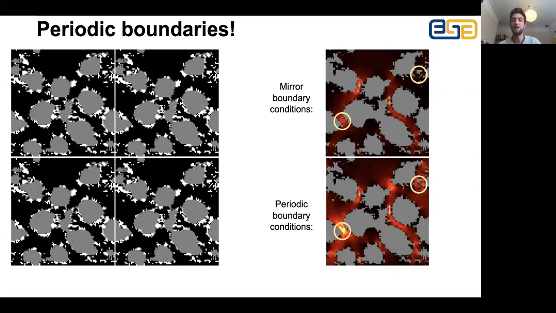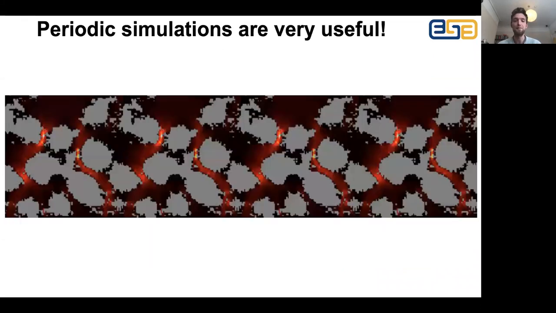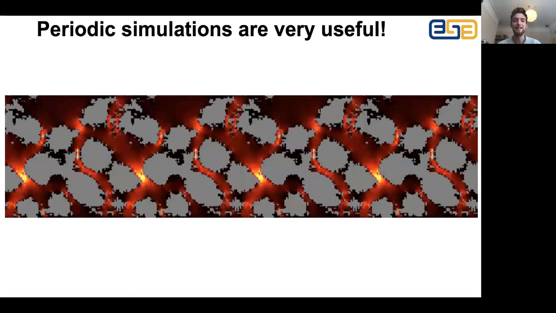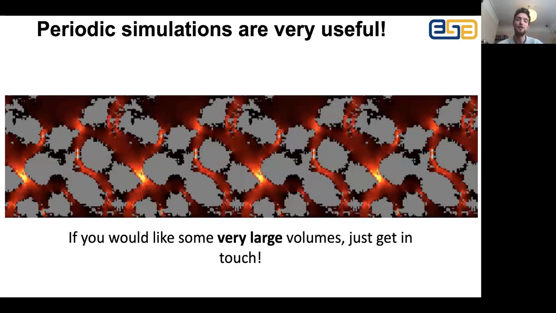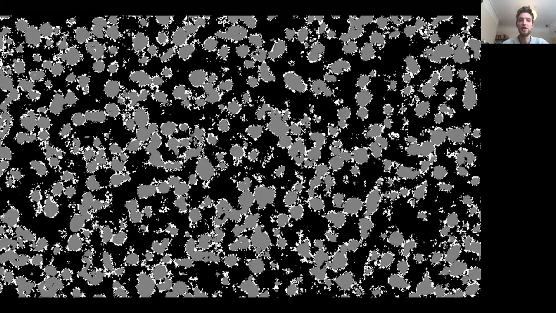Whereas with periodicity, we've gotten rid of that, which means we don't have to use these huge volumes to try and negate the effect of edges. So that's one of the really useful things about using periodic boundaries. And yeah, so we can calculate tortuosity and other features using this approach.